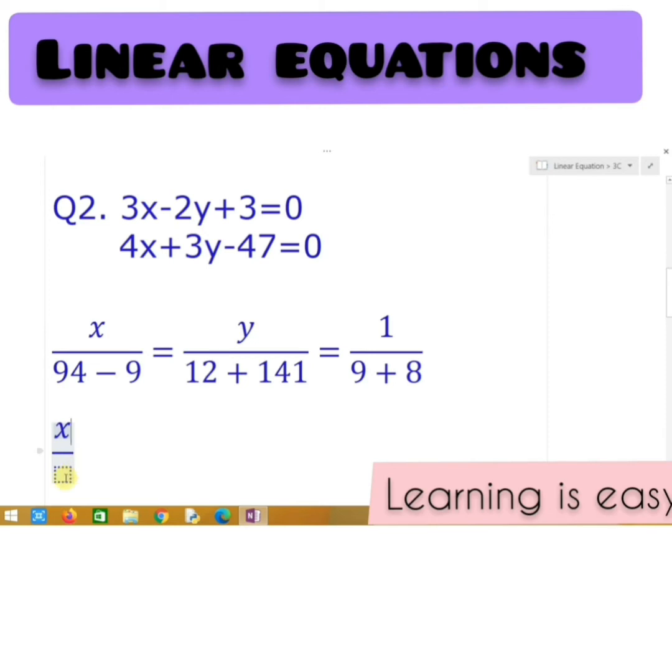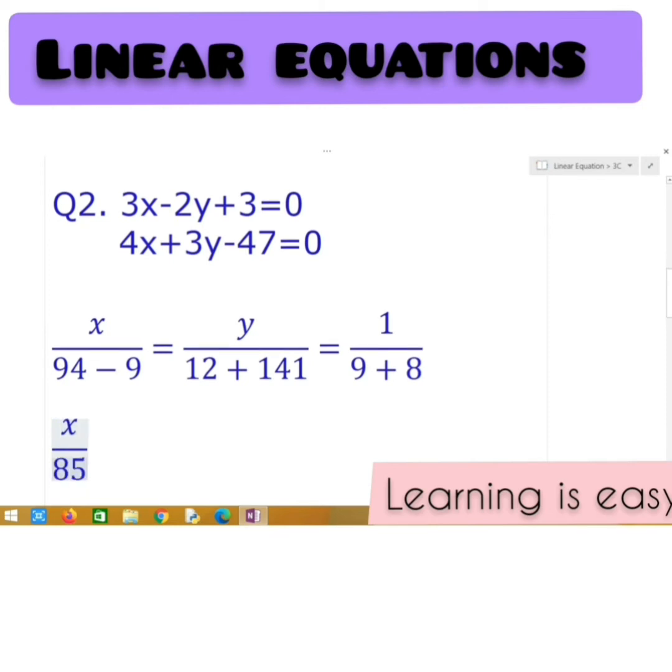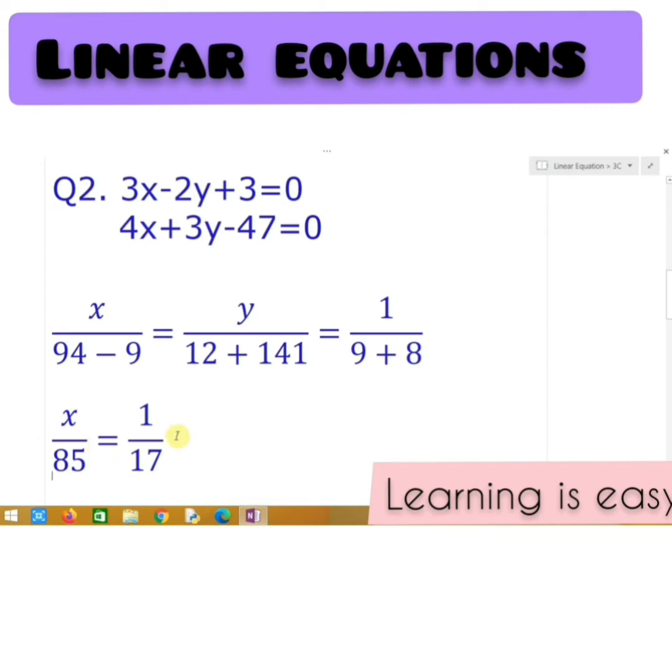So x by 85 equal to 1 by 17. So 85 goes to the numerator, 85 by 17. So 5 times 17 is 85. Value of x is 5.